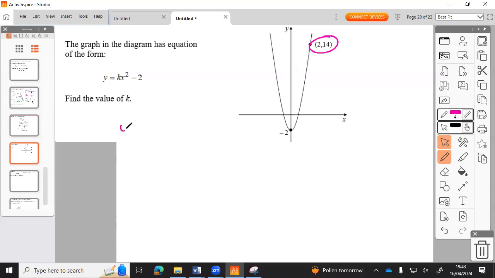So y equals kx squared minus 2. And we'll take the coordinate 2 and 14. That's our x term, that's our y term. So we're just substituting that in.